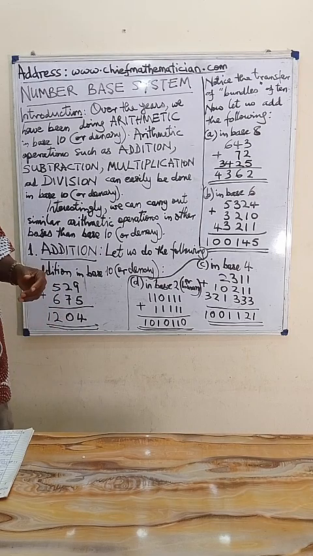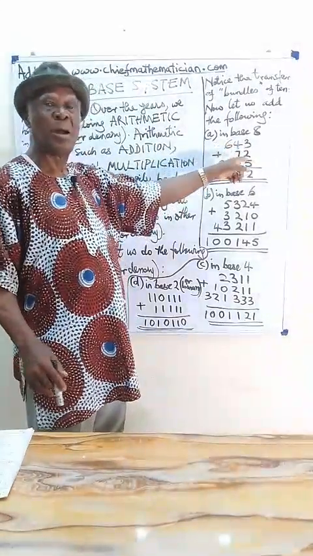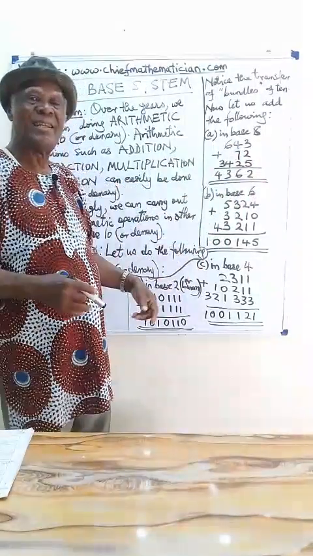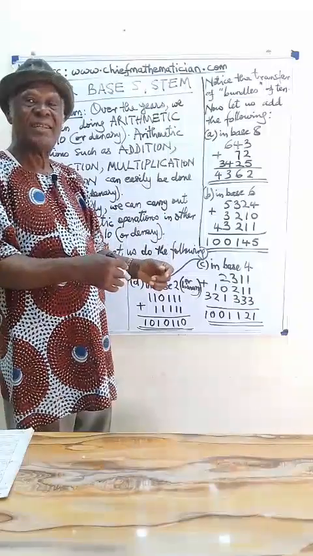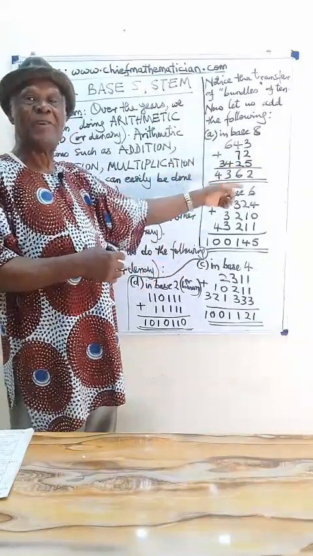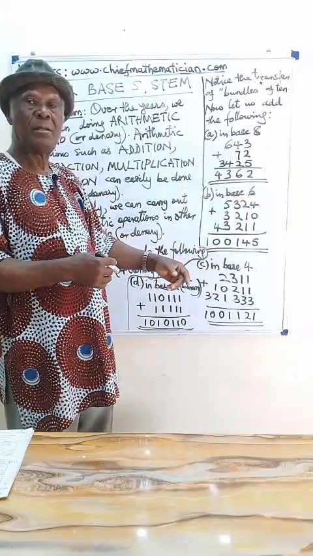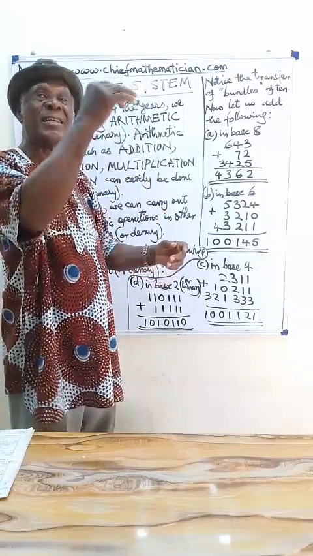These are the digits you can get in any number in base 10. Similarly, when you go to base 8, you cannot get any number containing any digit that is equal to 8 or more than 8. You cannot get 8 or 9 in any figure in base 8. But you can get 0, 1, 2, 3, 4, 5, 6, 7.